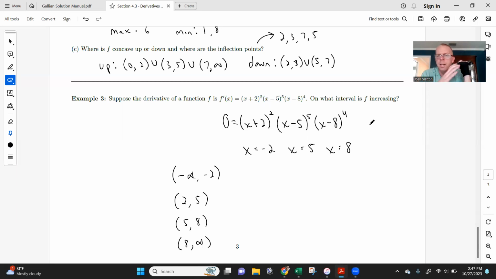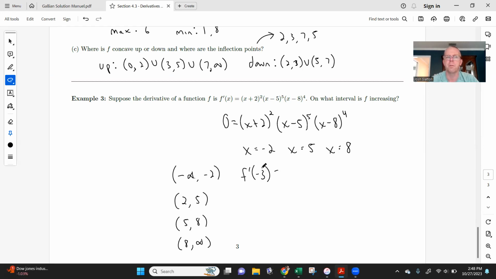So that's a shortcut. Now, obviously, you can just plug in x and see what you get, but you don't really need to do that. So we're just going to pick a number in this interval. So just pick -3, say. So let's write f prime of -3, just to make sure we know what we're doing here.